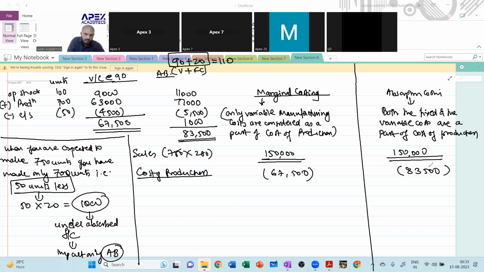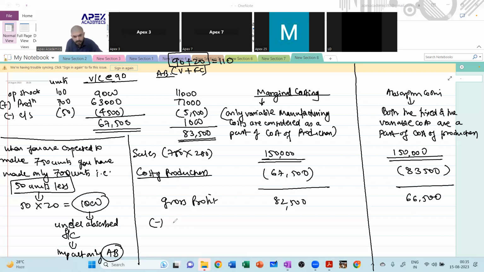So 1,50,000 minus 67,500 is 82,500. And 1,50,000 minus 83,500 is 66,500. Let's call this gross profit. From this, what will be removed?